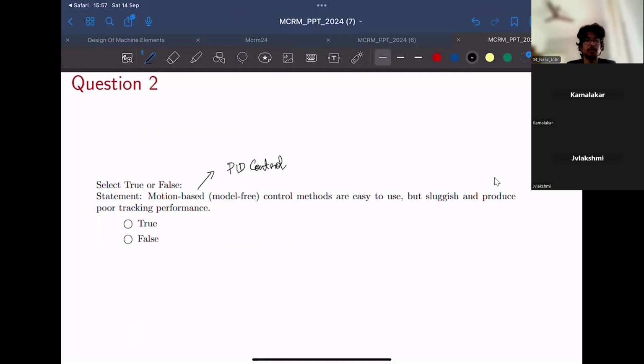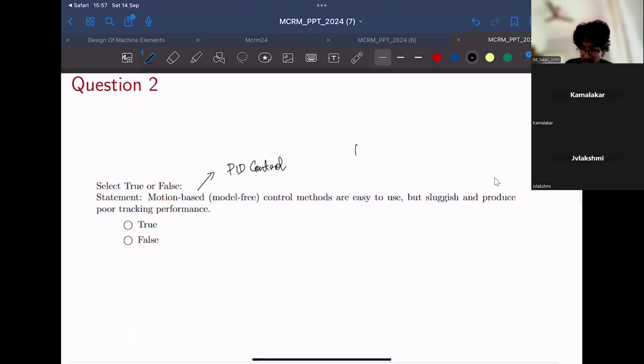Yeah, obviously they are easy to use because if you have some sensors, you can make use of this data from the sensors, and you essentially can have this PID control as KP multiplied by this error term, KP multiplied by E tilde plus KD multiplied by the derivative of this error plus KI multiplied by the integral of this error.